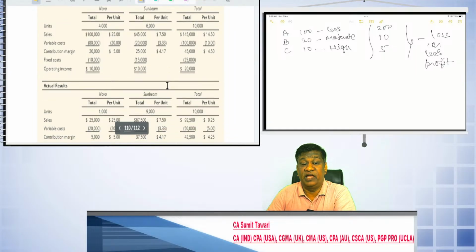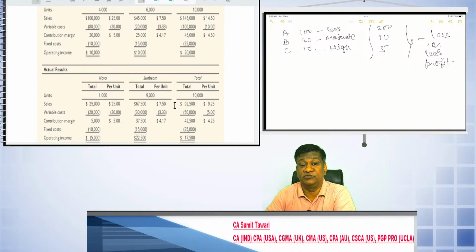But the actual result is 1,000 and 9,000. So even though my sales quantity is the same, my contribution margin changed. Earlier I was getting 5 per unit, so the total contribution margin is 5,000 and the other, so it is 42,500 instead of 45,000 because of the change in production mix.